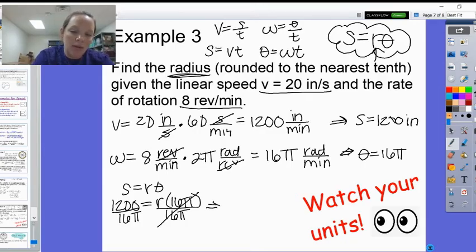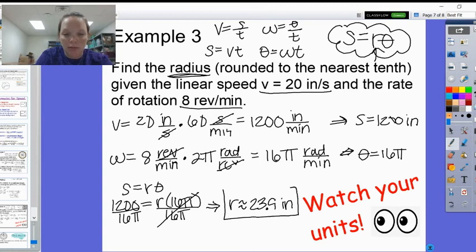And that means that r, and we're going to round this to the nearest tenth, so 1,200 divided by 16 pi is approximately 23.9 inches. There you go. And of course, you can check your answer by working it forward to make sure you get the same linear speed.